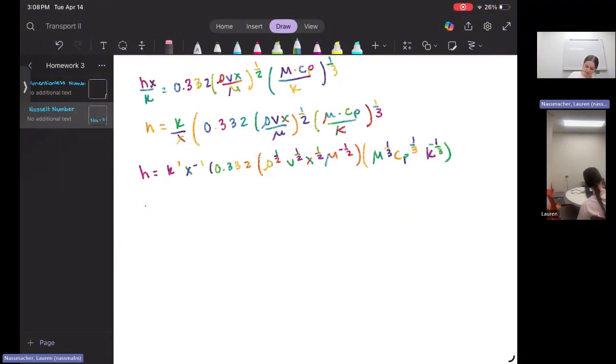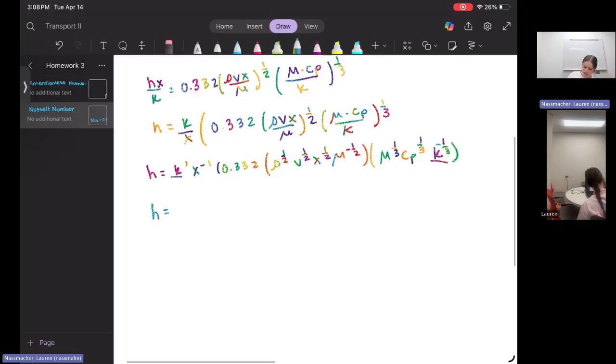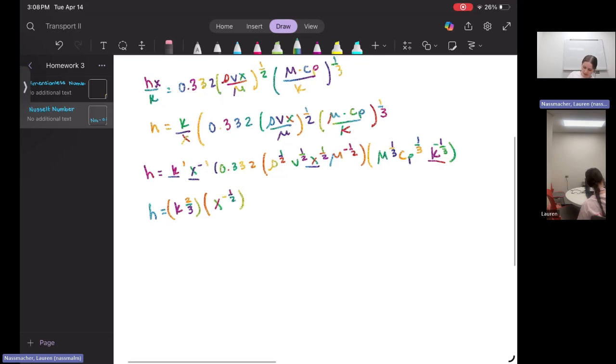Let's combine our exponents. Start with k, and these two k's help each other out a little, so it becomes k to the 2/3. We'll put that over here for now. And we have our x, and there's another x right here, and that becomes x to the -1/2 power.